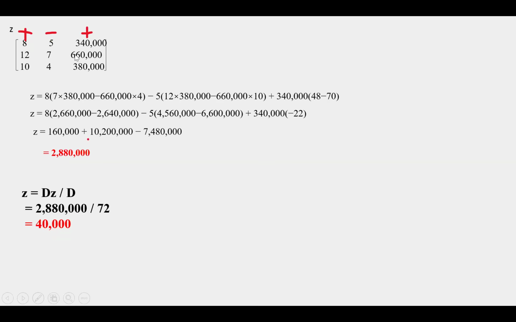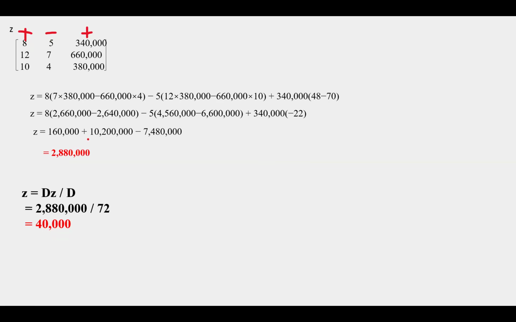Okay, same thing with the determinant of z. When finding the determinant of z, you're going to replace all the values under the column of z and put now your totals here. In this case, we have 340,660, and 380,000.